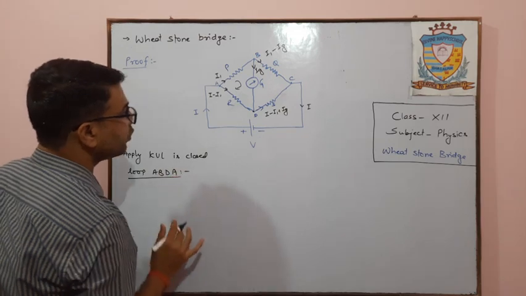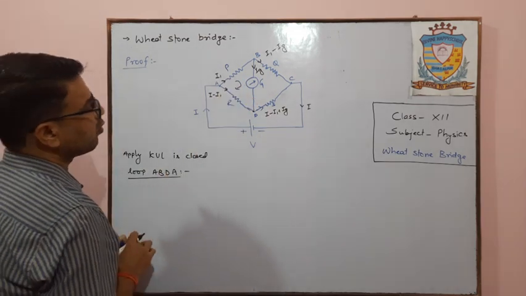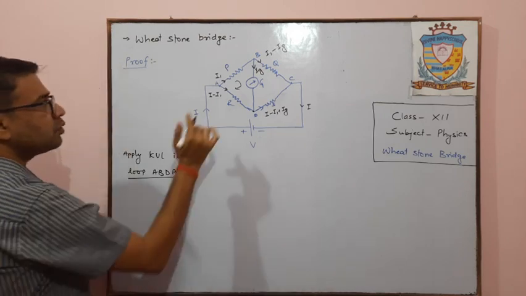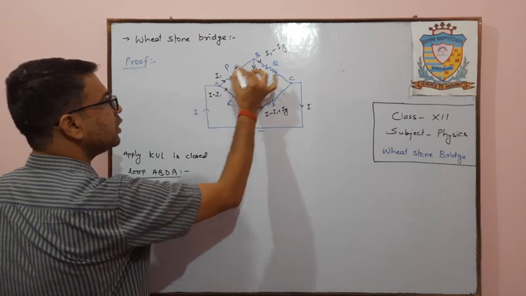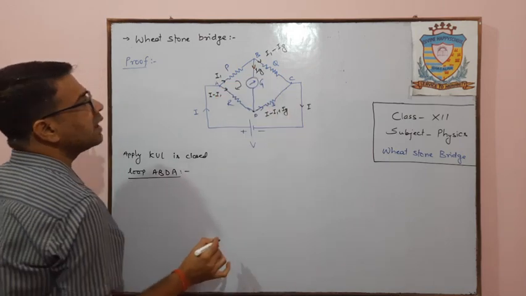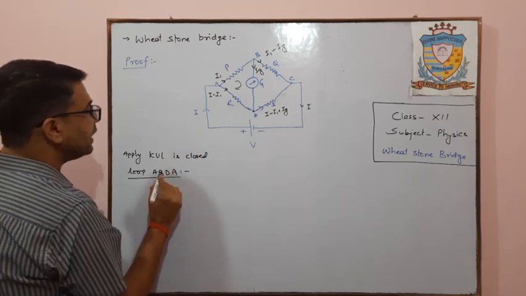It's Kirchhoff's voltage law. Here we will take the direction of calculation as clockwise. First we start with this resistance. The direction of current is A to B and the direction of calculation is again A to B, so we take it as positive. That means P I1.